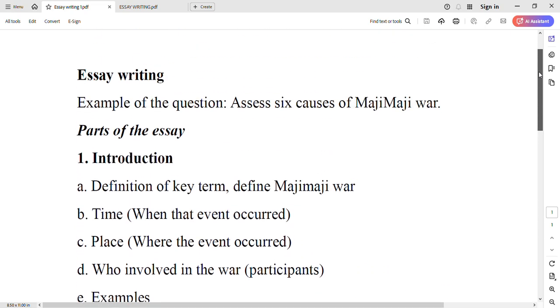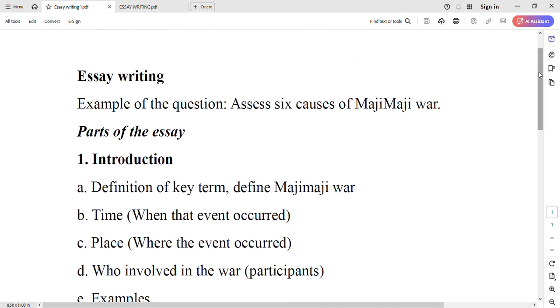So let's check one category after another. The introduction in history should have the following things. Number 1, definition of the key term. At the beginning of every essay, make sure you define the key term of that question.